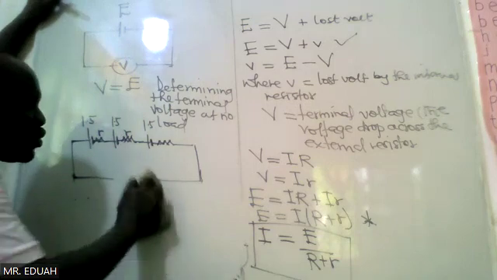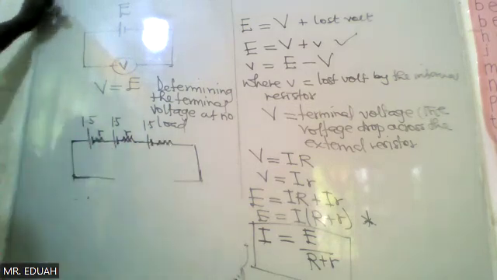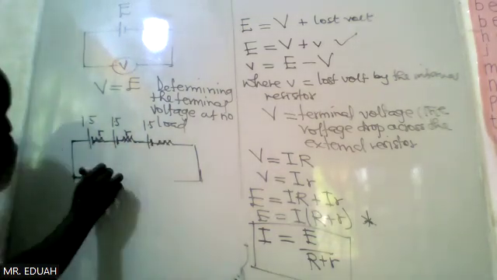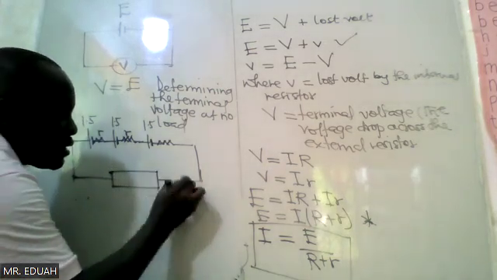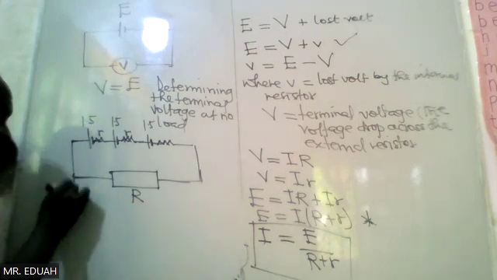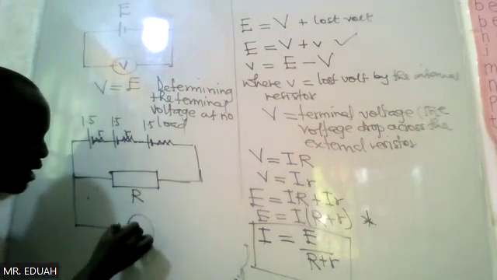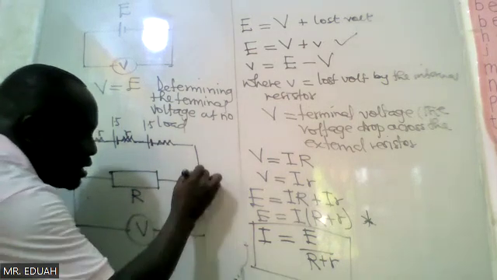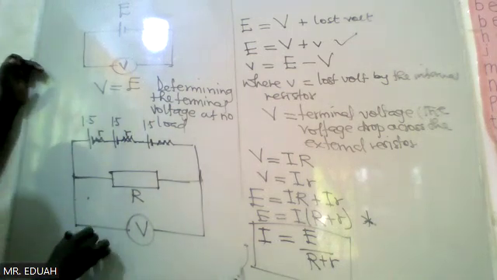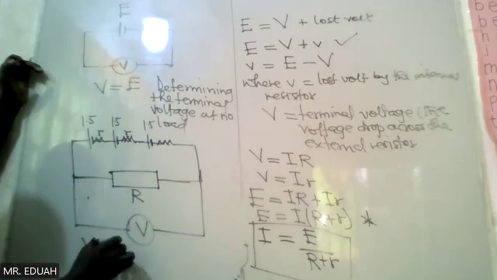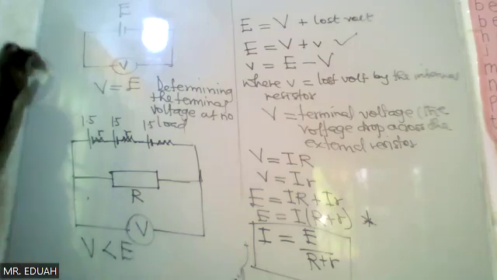So with 3 batteries, the voltmeter must record something close to 4.5, and you'll be seeing this in the lab. But the moment you connect an external resistor R within the circuit, and then you connect a voltmeter across it, the reading on the voltmeter is less than the EMF of the battery.